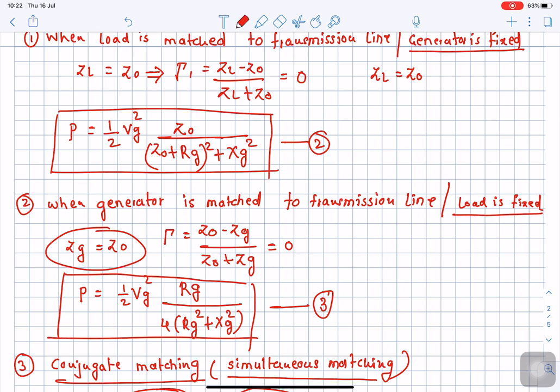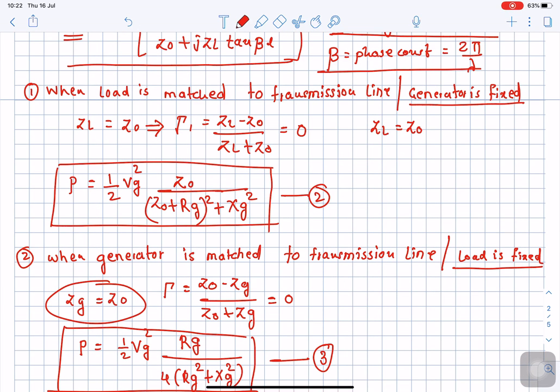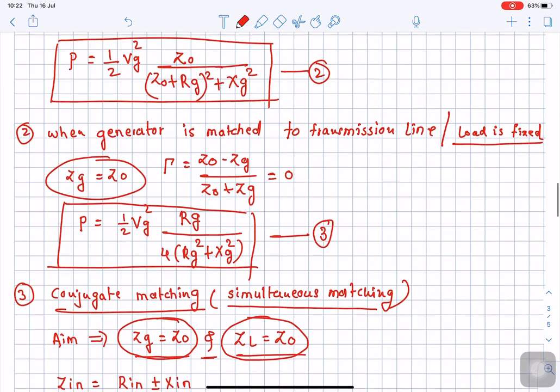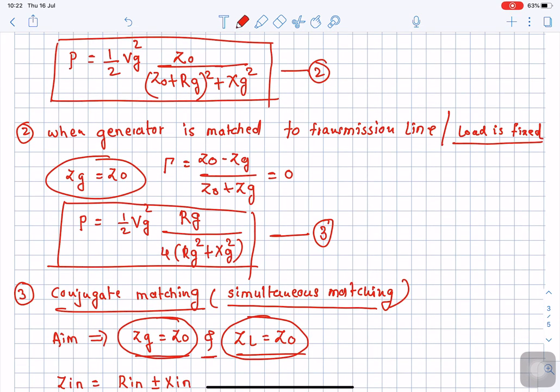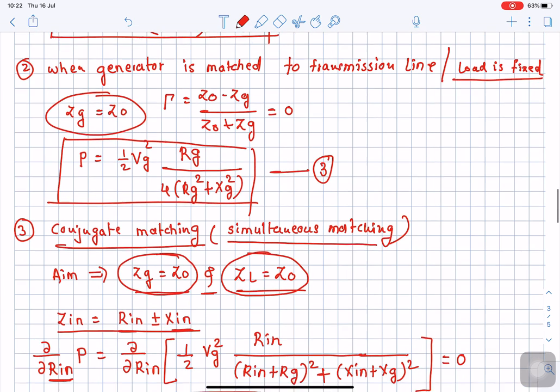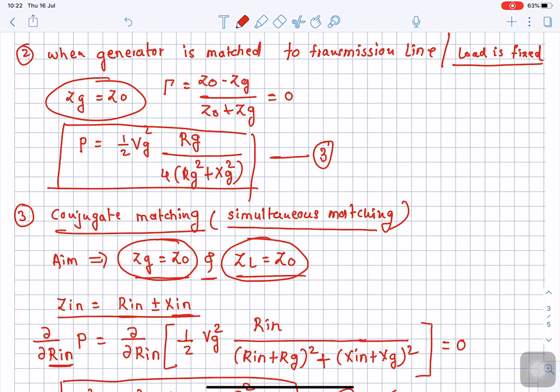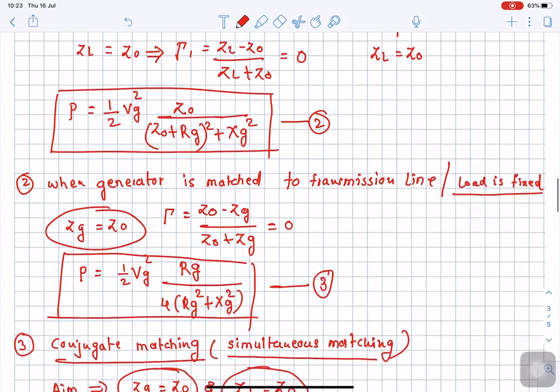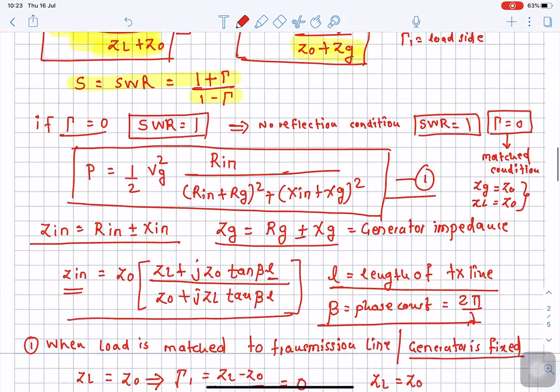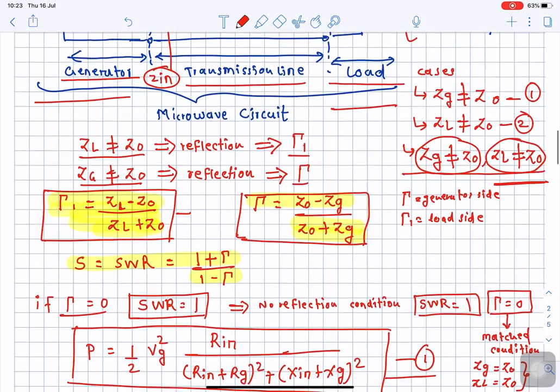So the three different cases we discussed: how to deal with a mismatch that is happening at the load side, then secondly how to remove the mismatch at the generator side. And the third special case we studied, whenever there is a mismatch on both sides, a complex conjugate technique we can make use of, which will help us to remove the reflection. Here we have formed a theoretical background in order to understand why there is a need to make use of an impedance matching circuit.